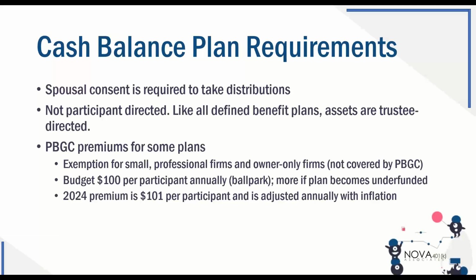And then finally, there are premiums for some plans to the Pension Benefit Guaranty Corporation. The PBGC is a pseudo-government agency that insures defined benefit plans. There are exemptions for small professional firms and for owner-only firms. And it costs about $100 a year if the plan is covered.